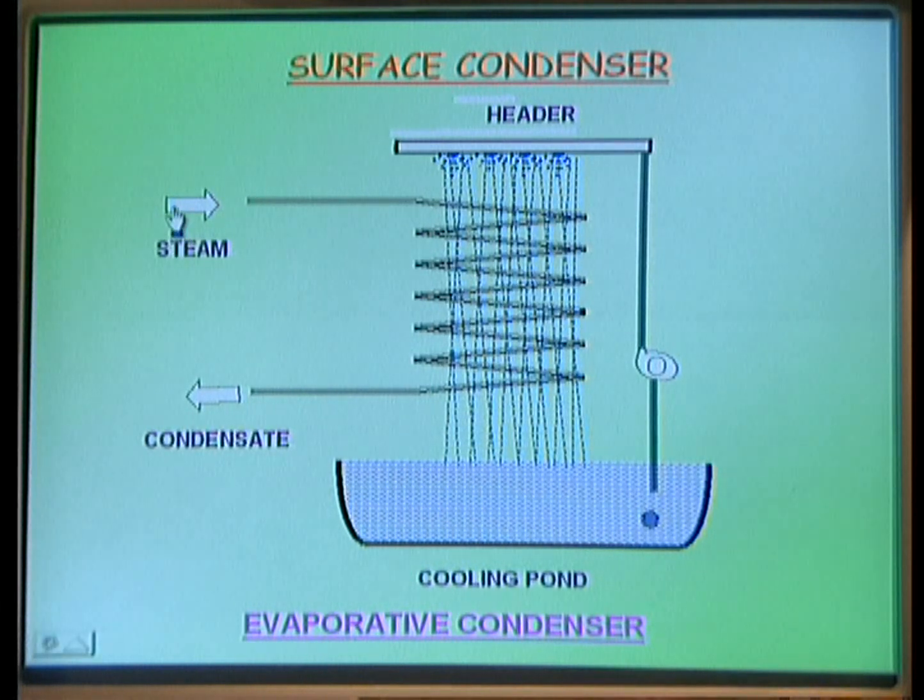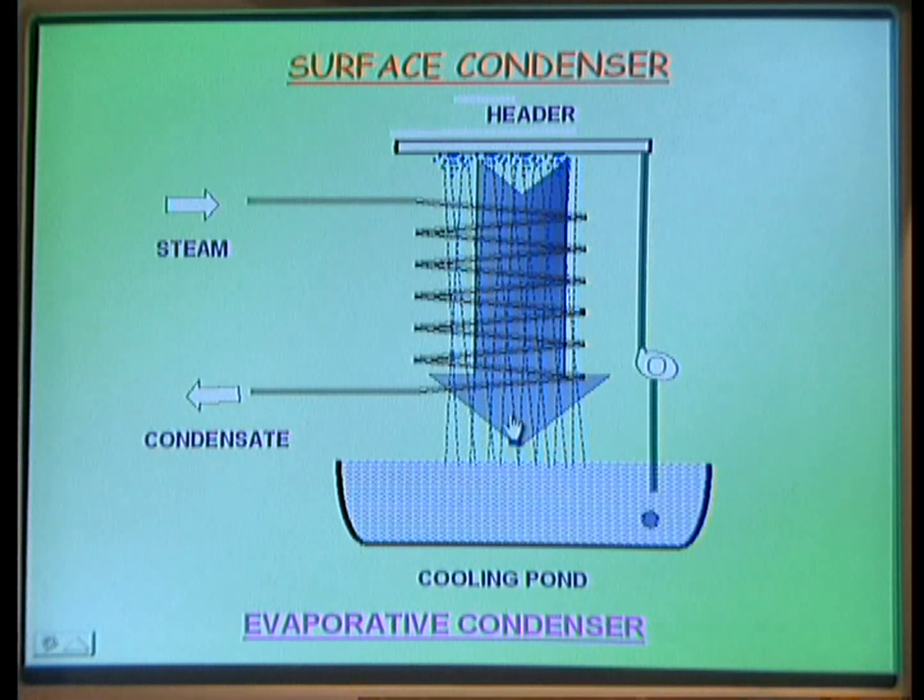Here the steam to be condensed is passed through coiled finned tubes, and the water is circulated over the pipes, while the hot steam comes through these pipes and the water comes here. Some of the water extracts heat from the steam and evaporates, and the remaining water falls into the cooling plant. This is a continuous process. The water is coming in this direction, and the steam is coming here, as you can see.